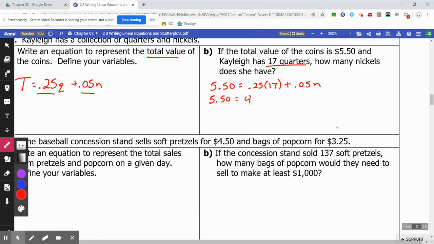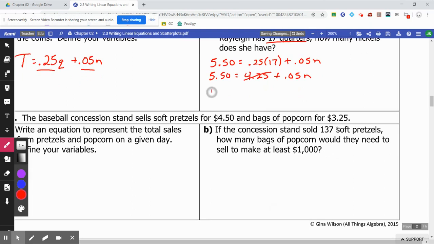And that would be $4.25 plus 0.05 N. Subtract off that 4 1/4, and you're left with 1 1/4 is equal to 0.05 N. So that's going to be that you have 25 nickels.